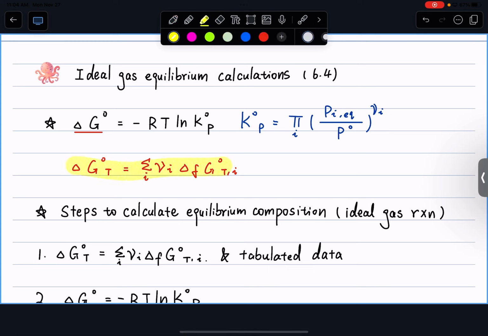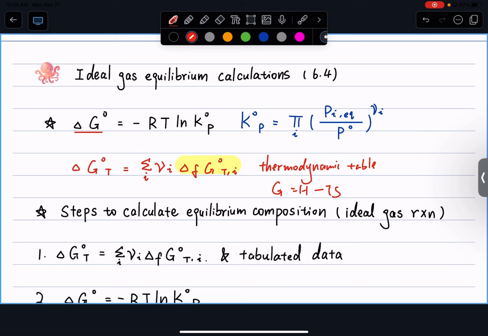You can find these from the thermodynamic table, or you can also calculate it using G equals H minus TS. All right, now we have all these tools in our toolbox.